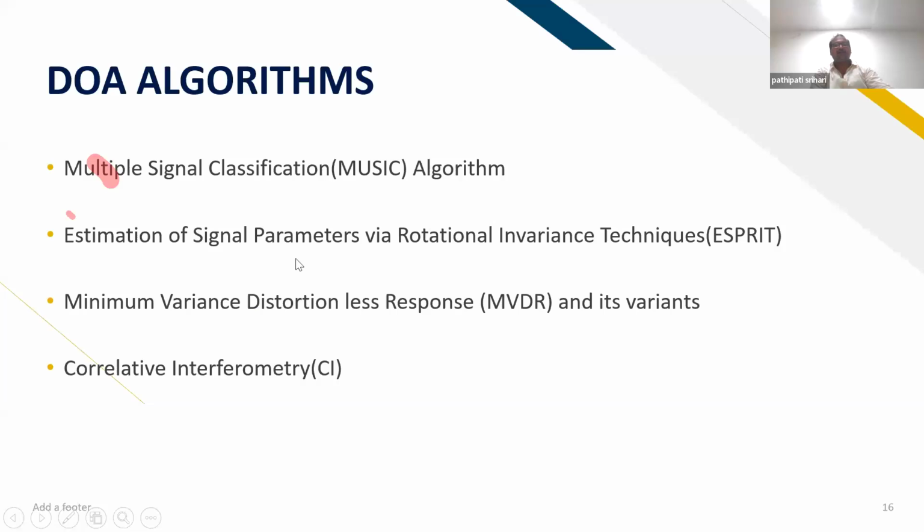We also estimated using ESPRIT, that is, Estimation of Signal Parameters via Rotational Invariance Techniques, then the minimum variance distortionless response beamformer and its variants, then correlative interferometry. The most popular, widely used ones are the fourth one and MVDR also.